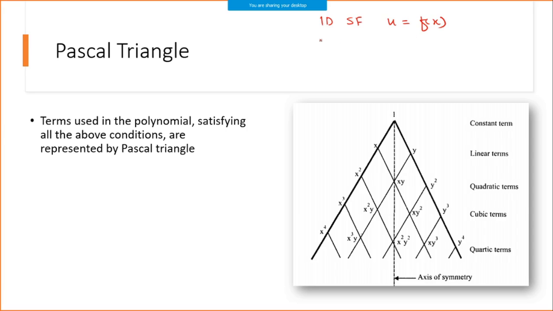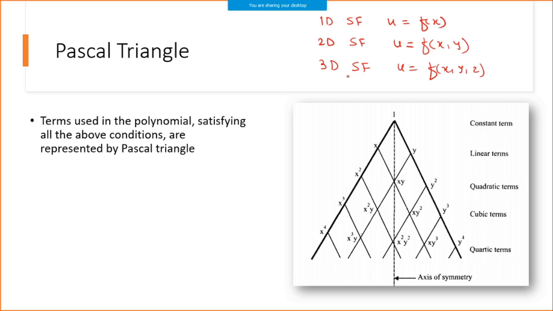For 2D, I have a shape function which is a function of x as well as y. And for a 3D element, u is a function of x, y, z.